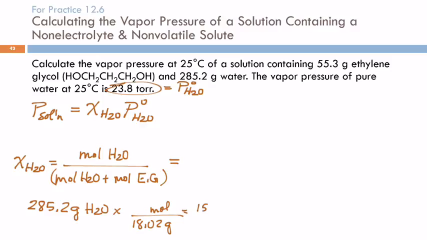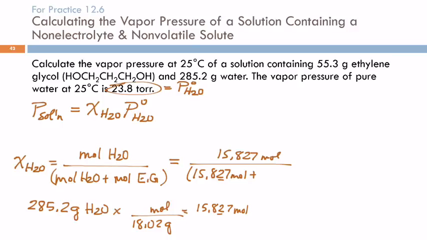So 15.827 moles. So that's one of them, 15.827 moles, plus, and then 15.827 on the top. Moles of ethylene glycol.